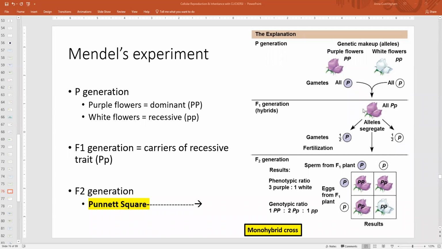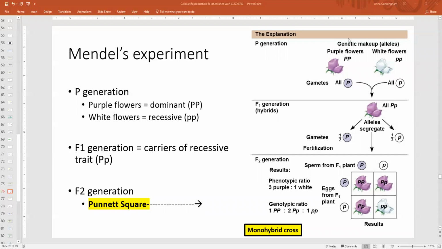You take purple and white, breed them, and get all purple, so the genes from that purple flower are dominant. It masks the white allele, and therefore the white allele is the recessive allele. So we can designate the purple allele as dominant and the white allele as recessive.